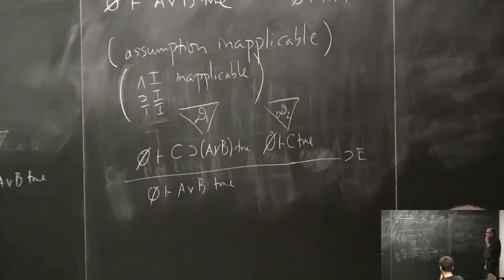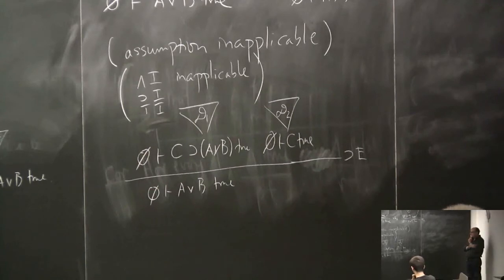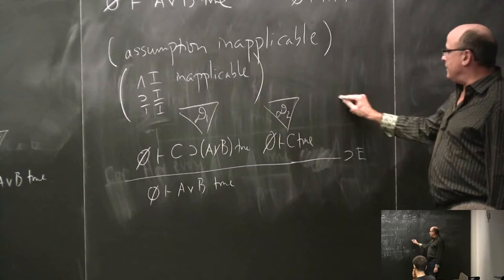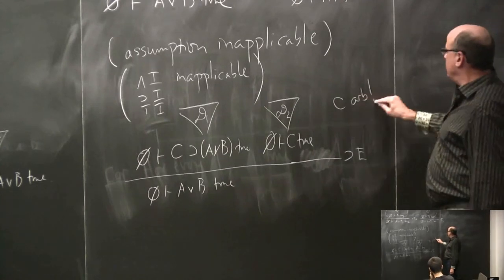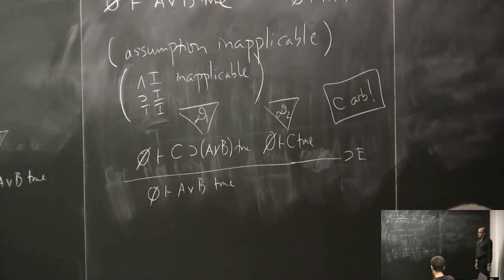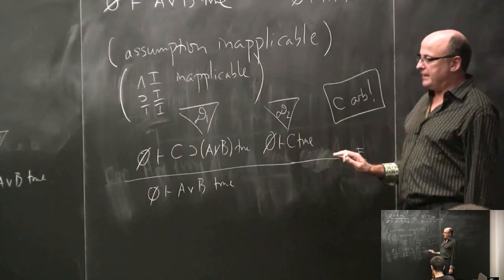Okay? It's like that. Now, of course, you're starting to sweat. Because now we're in trouble. Why are we in trouble? Because C is completely arbitrary. You have no control over what C there could possibly be, okay, that was sufficient for a disjunction that I can prove, okay?